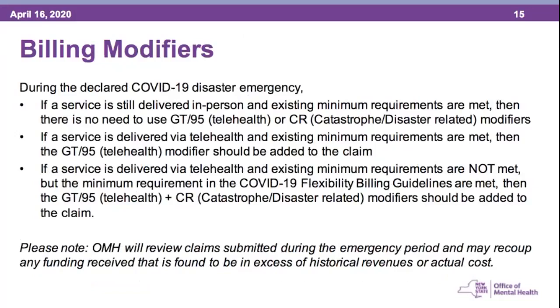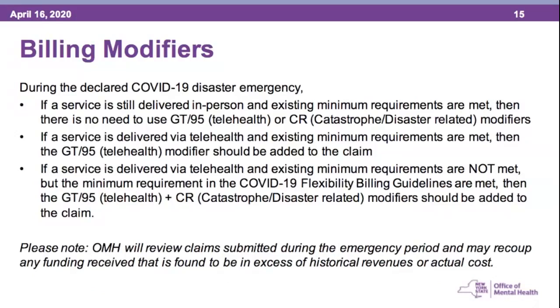It's important to understand the requirements for billing modifiers for both telehealth and for claims under the disaster emergency. These modifiers are a requirement to appear on the claim. So here we have a few examples. If a service is still delivered in person and the existing minimum requirements are met, then there's no need to use a telehealth or disaster or catastrophe modifier for that claim. You submit it as you otherwise would.